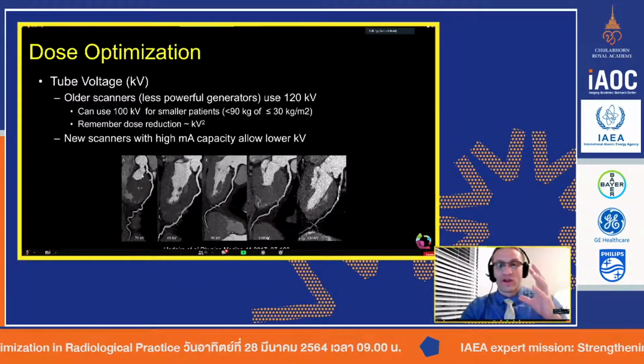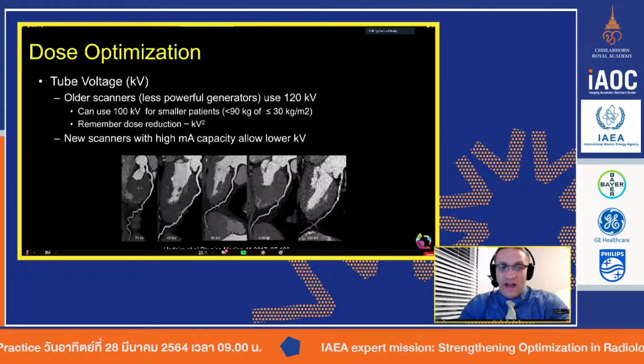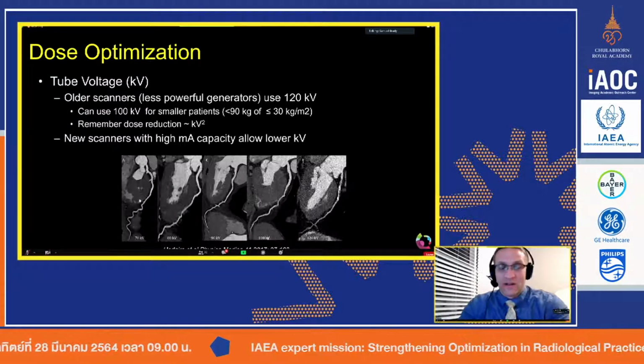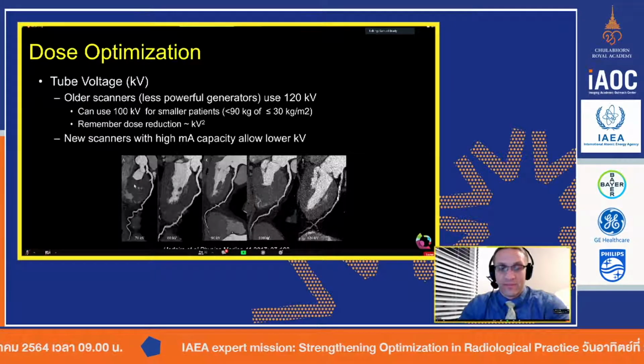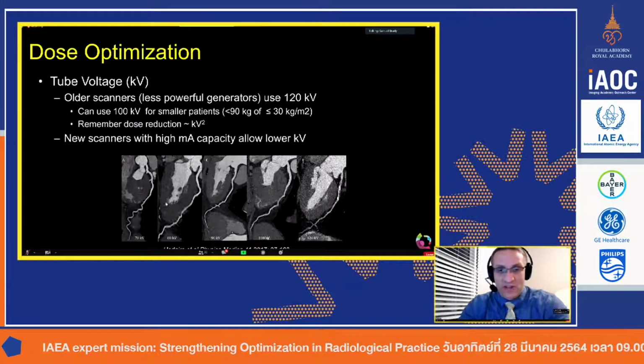Therefore, the contrast is inherently much greater. And so you can get nice, clean images at the lower kVs. The contrast just steps out, just kind of pops.